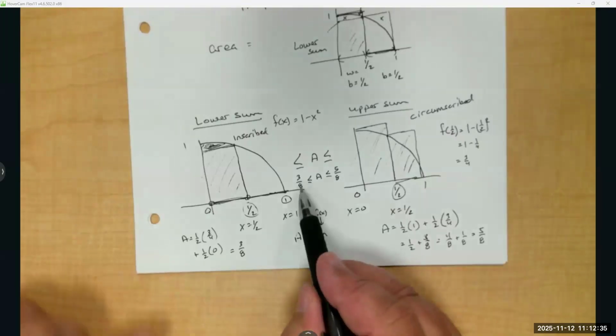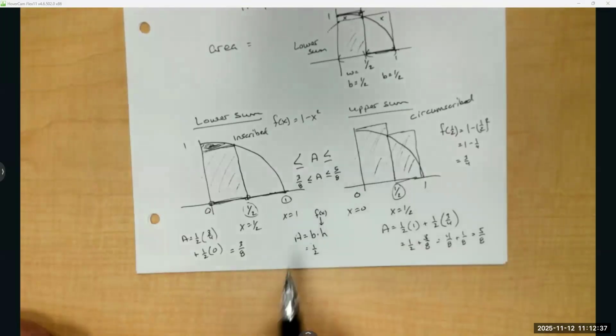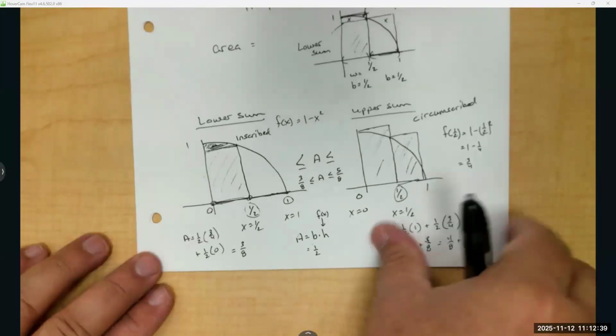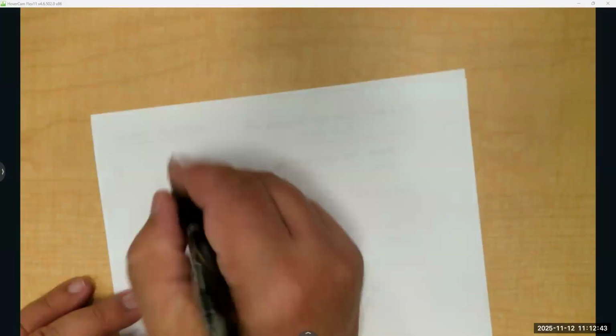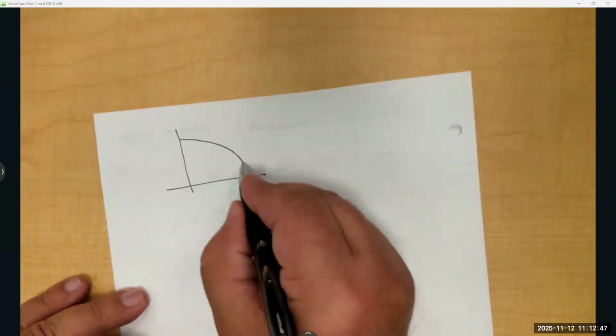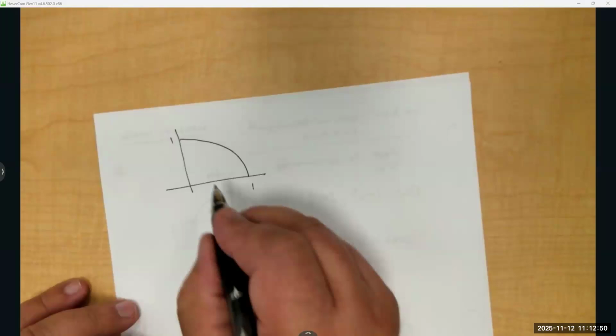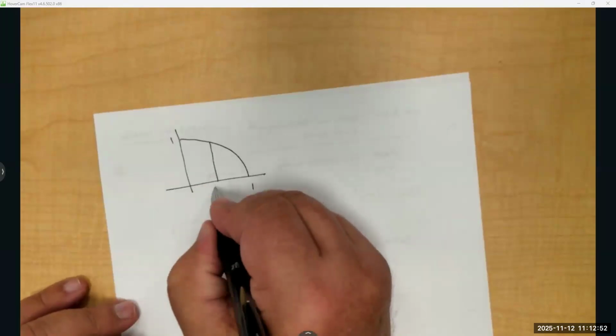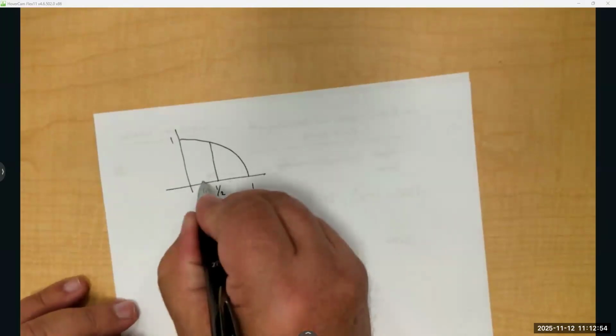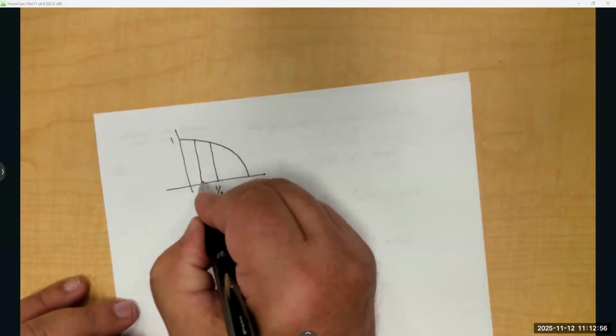Okay, so we know our area is between 3/8 and 5/8. Can we get a better picture of this? Yeah, we can. What if we take the same picture and instead of cutting it into 1/2, we cut it into 1/4?